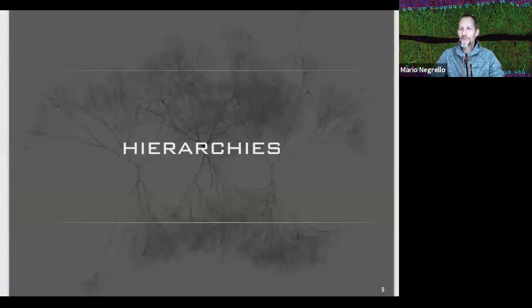I have one single slide about hierarchies that is going to bring us back to what we had last week. So from this, feed-forward and radial basis functions look quite similar. They are in fact identical.